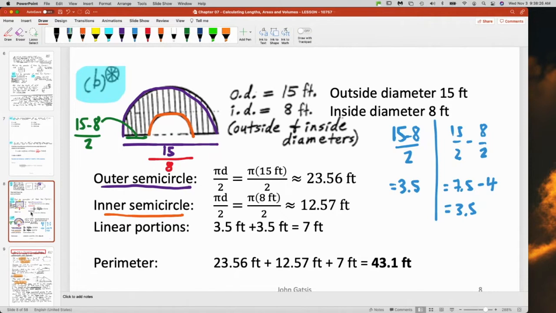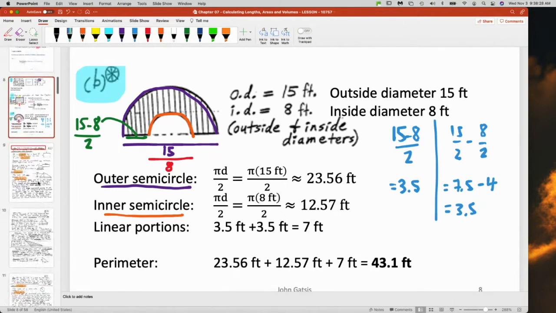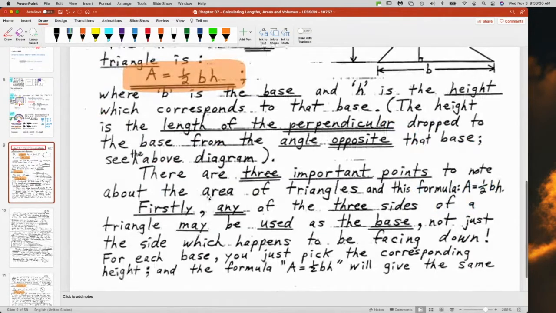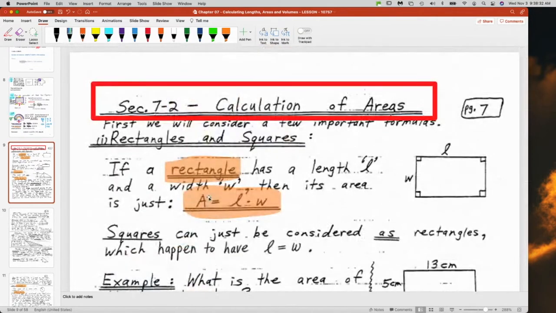Let's move on now to areas. This is what we'll spend the remaining time this week on, which is just calculating areas. If there's one thing I hear from professors in other semesters, in terms of your program and all the programs I'm involved with, it's that students need to practice measurement and calculations of areas and volumes.